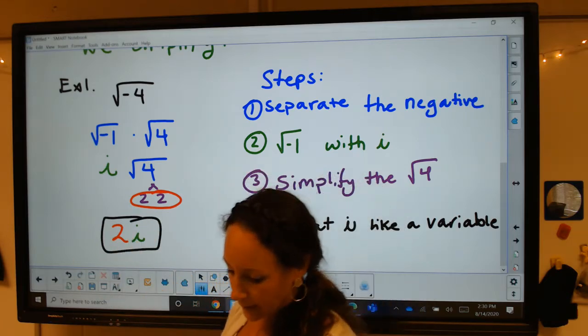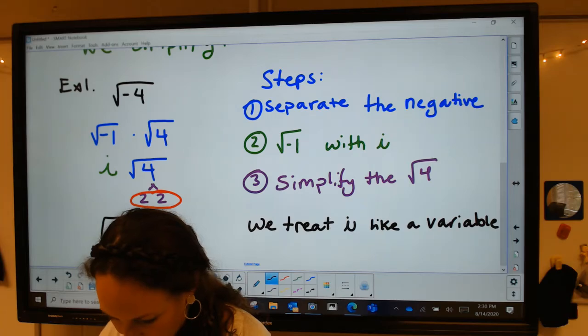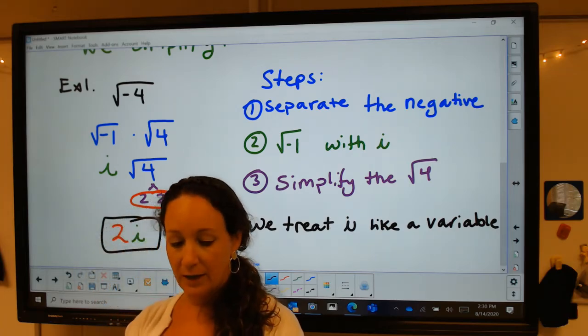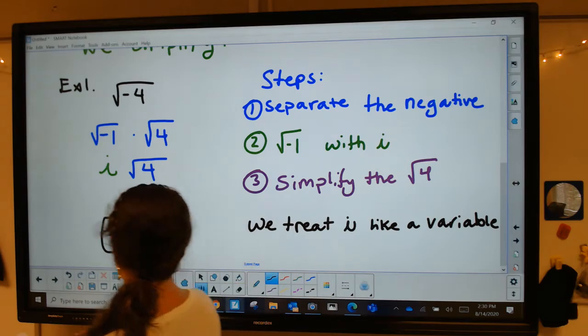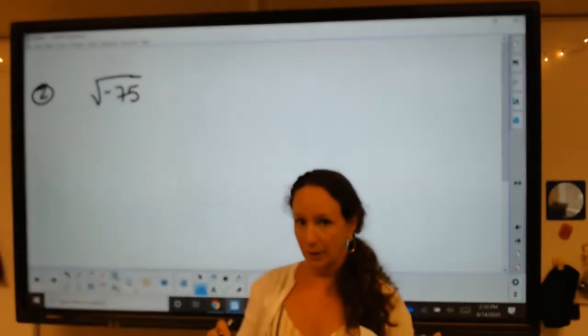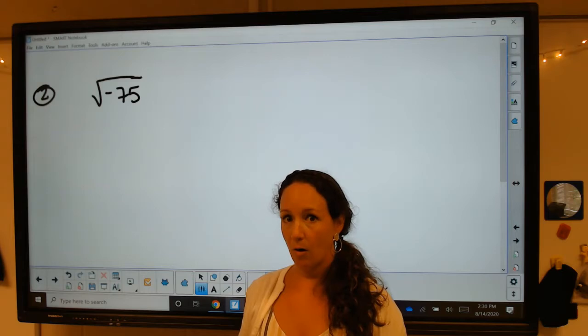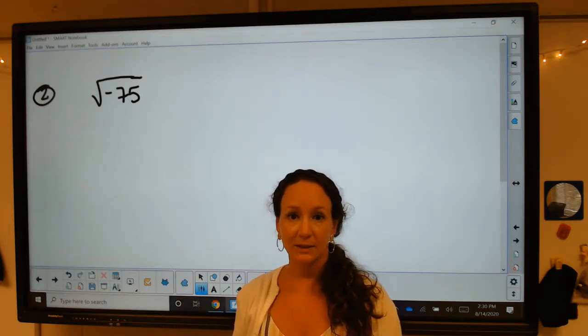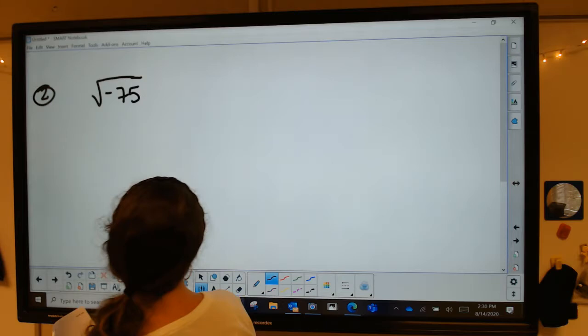Okay, so let's try that one more time, and then I'll give you a couple to try on your own. Actually, it looks like I did two more examples, so we'll do 2 more. So number 2, I've got the square root of -75. So now that you're getting the gist of the process, I'm going to go a little bit quicker, and I'm not going to write all of the steps down, but I'm doing the same steps that we just listed before. So in step 1, I separate the negative from the square root.